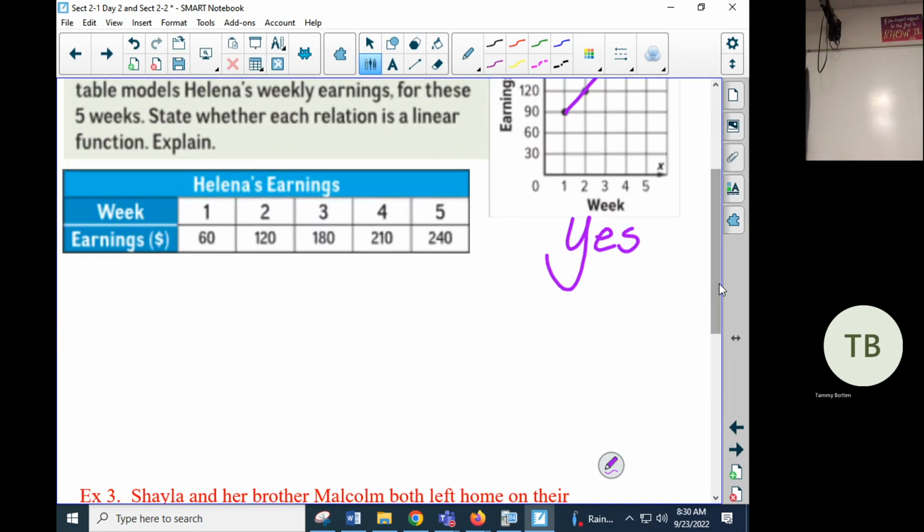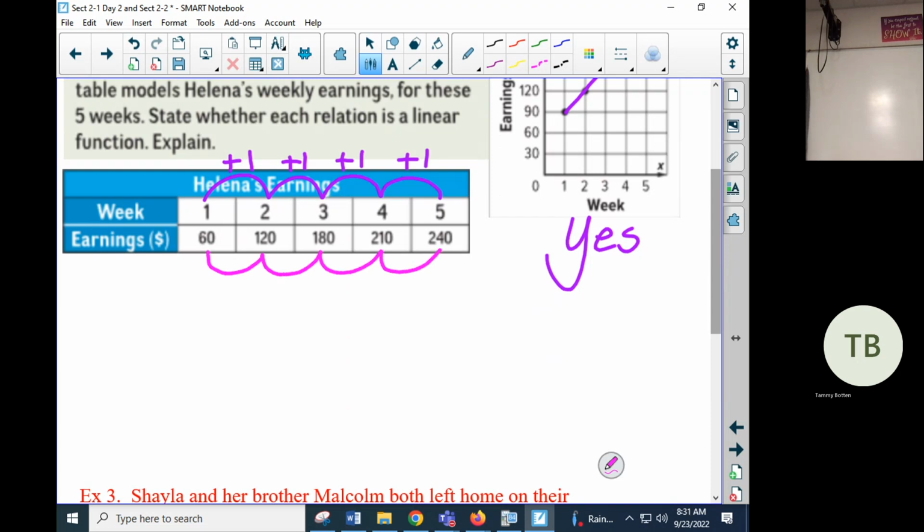All right, now here, how you can tell if this would form a linear function or not? Do you see how each one goes up by 1? So what that means, because each of these go up by the same amount, is that each of these needs to go up by the same amount.